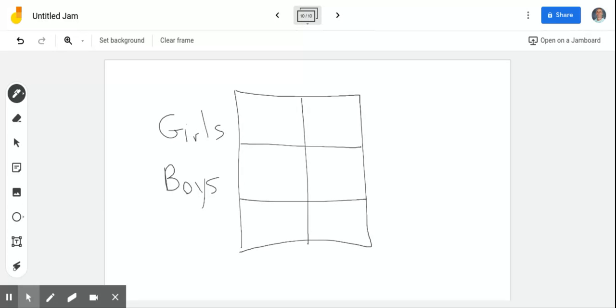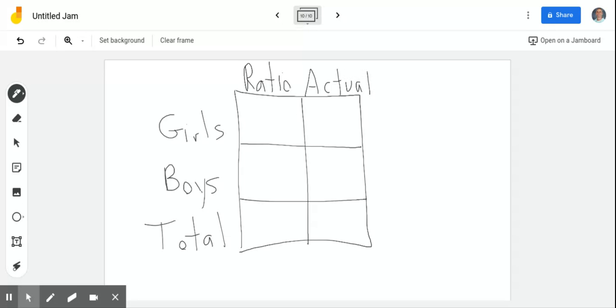Girls, boys, and then the bottom is always going to be total. In this first column, we're going to call it the ratio column. And the second one is going to be the actual number.